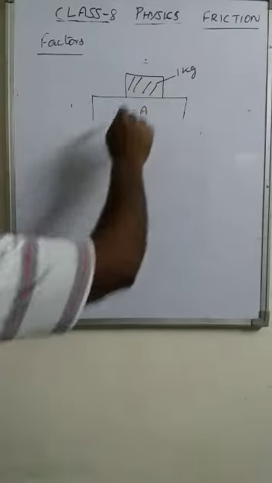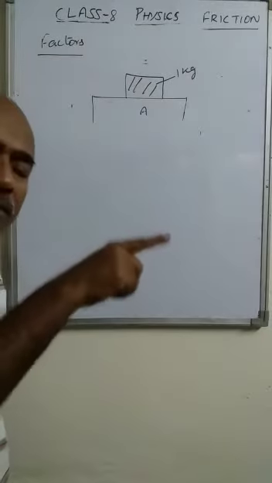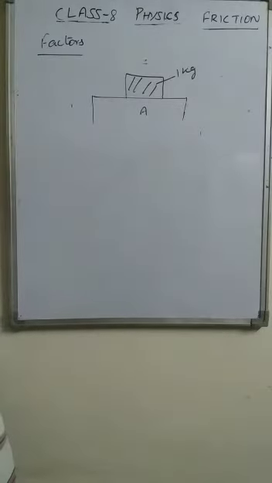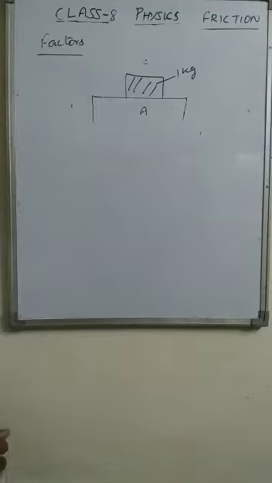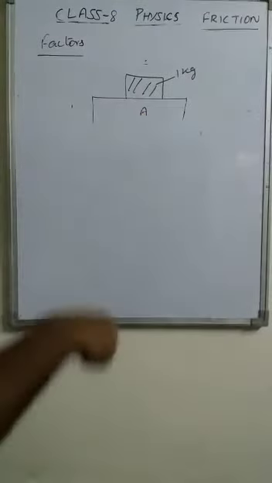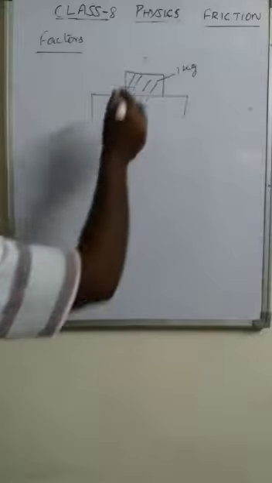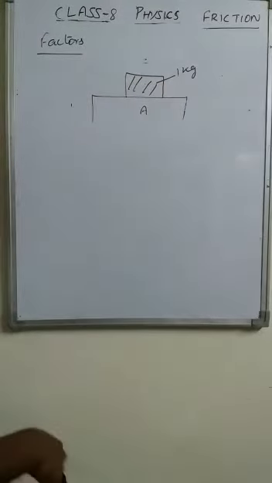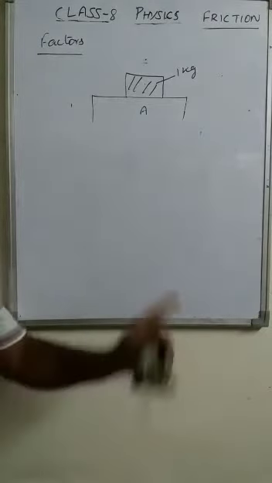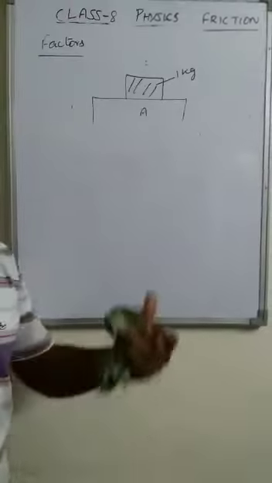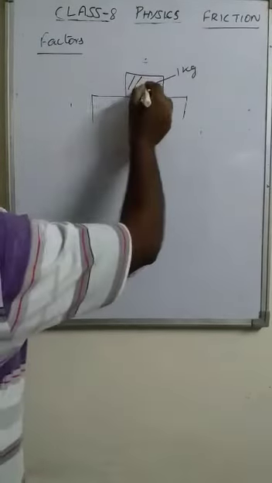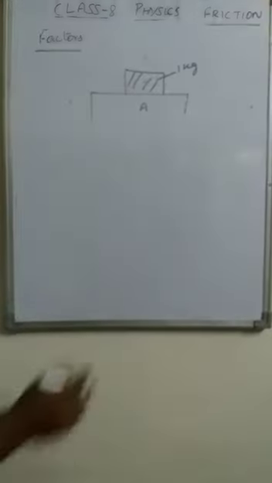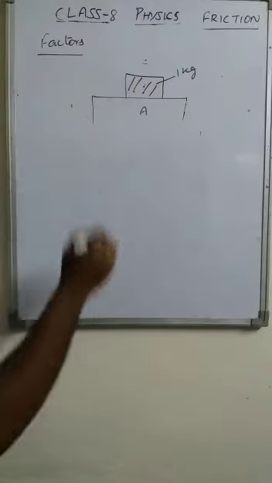Since the weight of every object always acts vertically downward due to the gravitational force, this weight pushes the surface downward, due to which interlocking takes place on the irregularities.